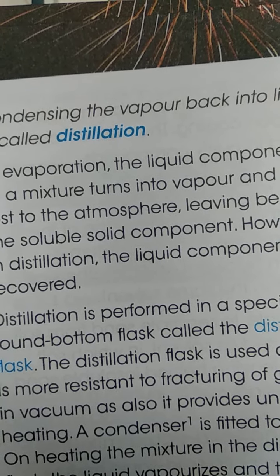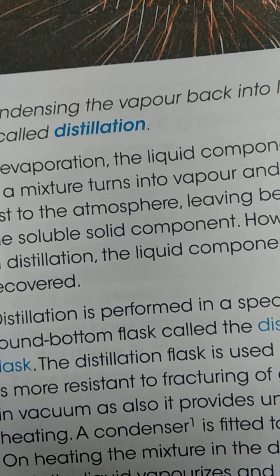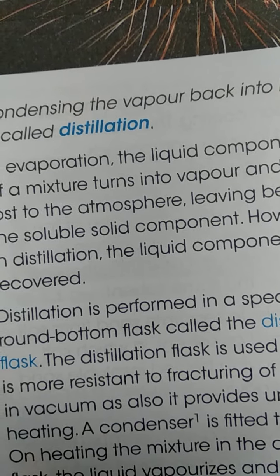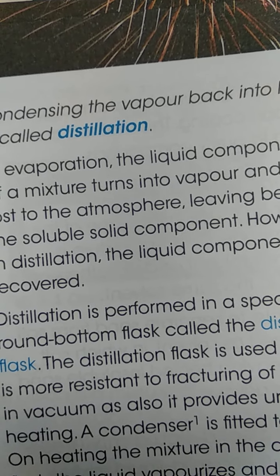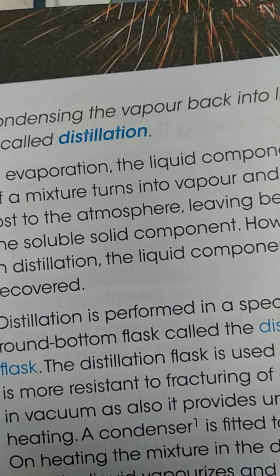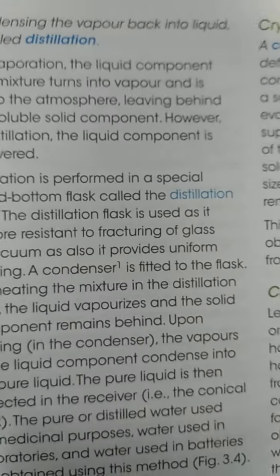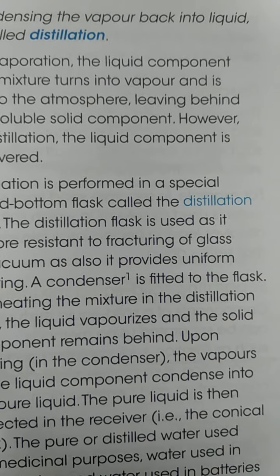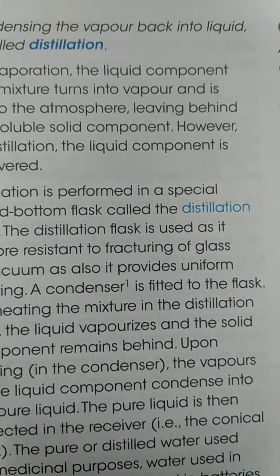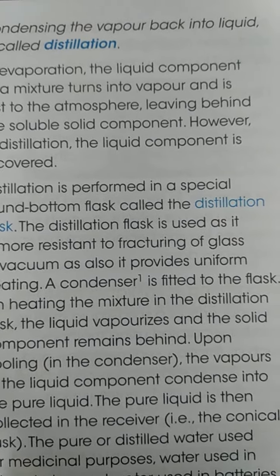How is it done? The material from which they will take the distilled water is poured into a round bottom flask, and then it is heated. On heating the mixture in the distillation flask, the liquid vaporizes and solid compounds remain behind.